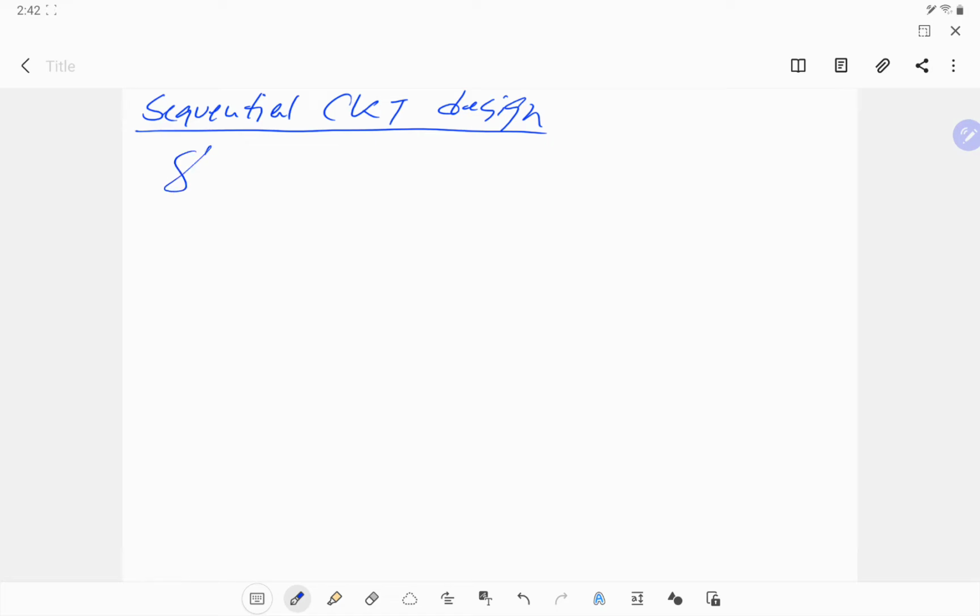Now we study how to design sequential logic circuits. So, sequential circuit design. As we saw, for combinational circuits we have a truth table, but for sequential circuits we will have state tables.